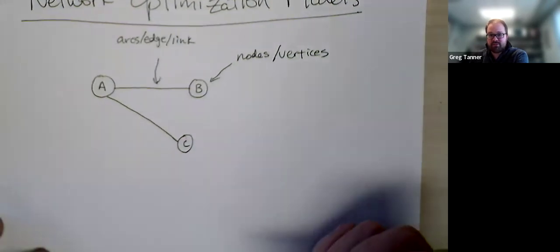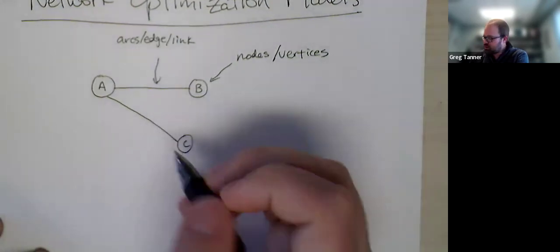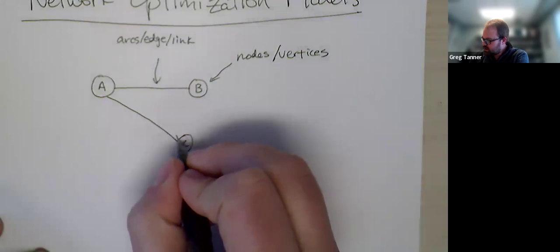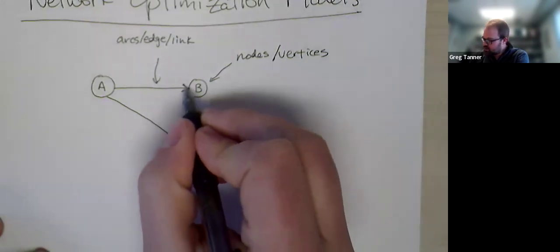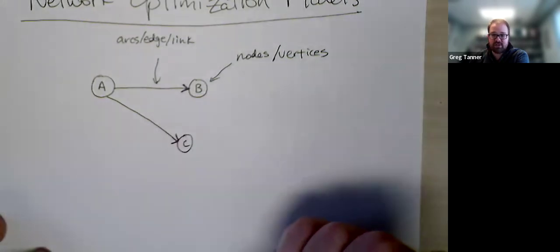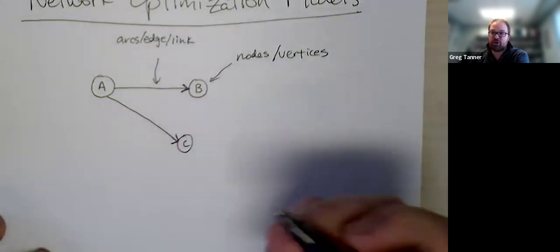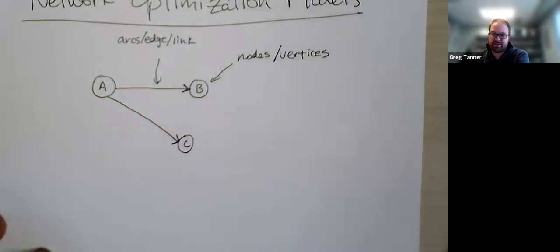Okay, sometimes these arcs or edges will be directed, in which case we'll put an arrow denoting the direction of flow. Sometimes they'll be undirected, and so then direction doesn't really matter.